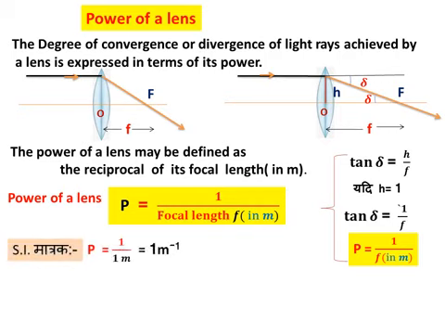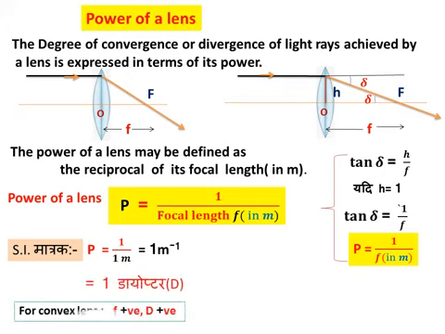The SI unit of power of a lens is 1 upon meter, so it is meter inverse, and we call it diopter. The SI unit of power of lens is diopter, and we can express it by capital D.